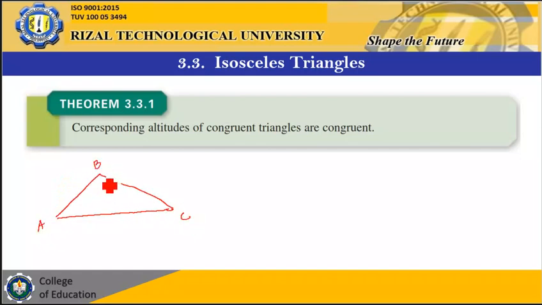And let's draw the altitude, which is segment BD. Okay. And then let's have another triangle. Let's name this one as triangle RTU.